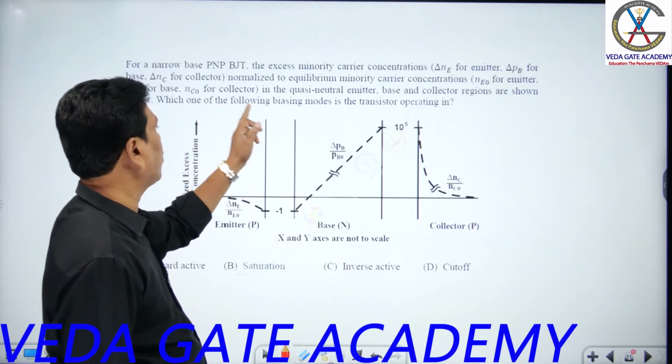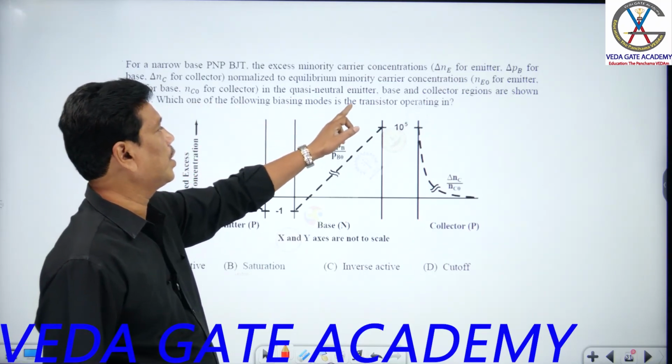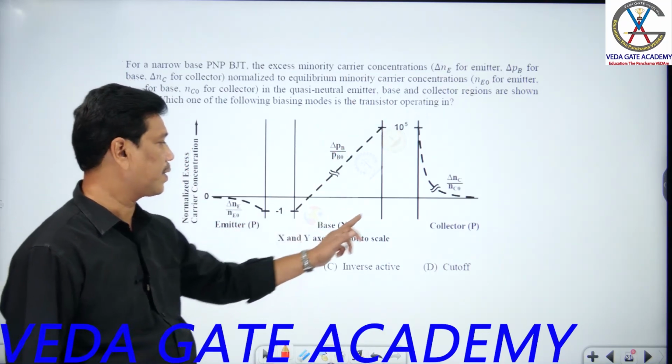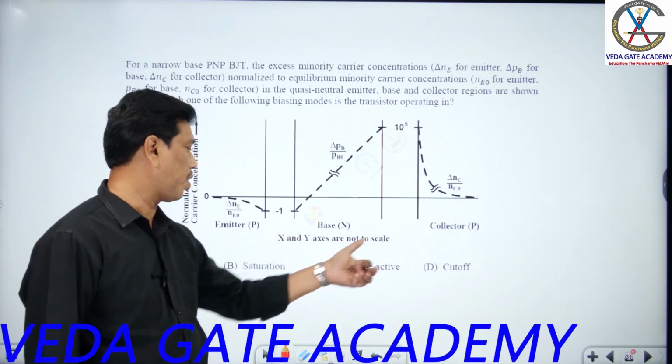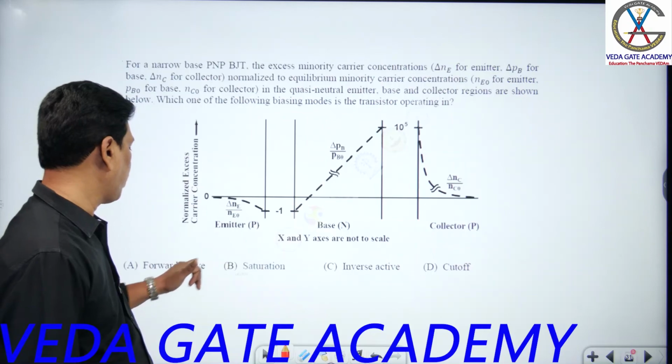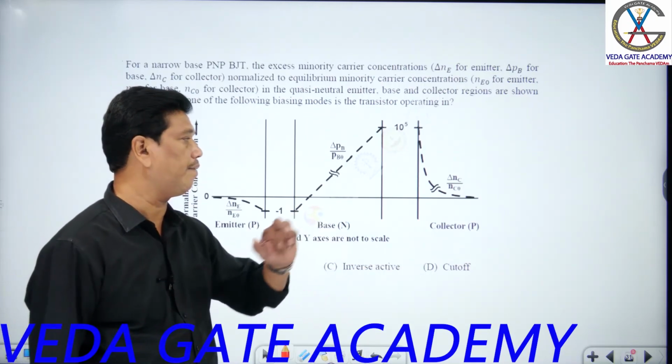Which one of the following biasing modes is the transistor operating in? The emitter, base, collector for the PNP transistor are given. X and Y axes are not scaled as indicated. The answers are forward active, saturation, inverse active, cutoff.